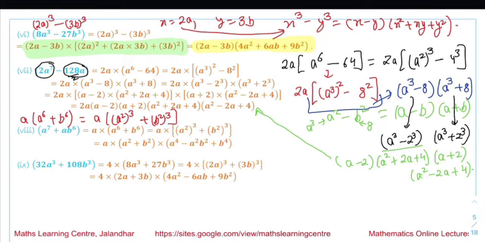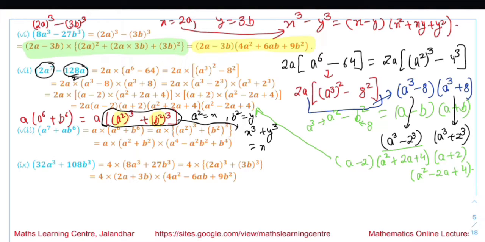Now we are taking a square equal to x and b square equal to y. So this part will change to the form x cube plus y cube.